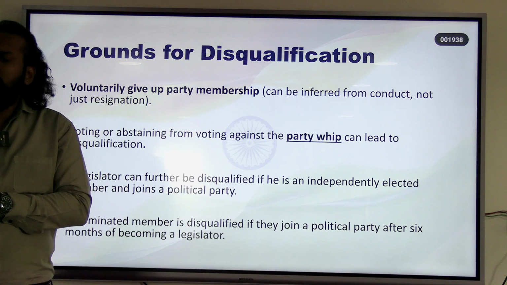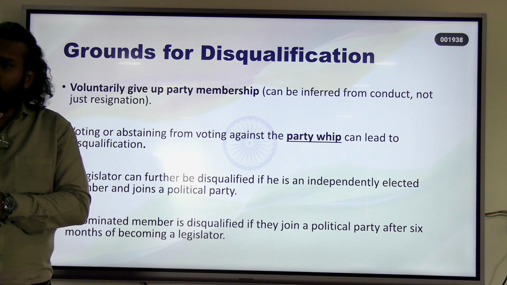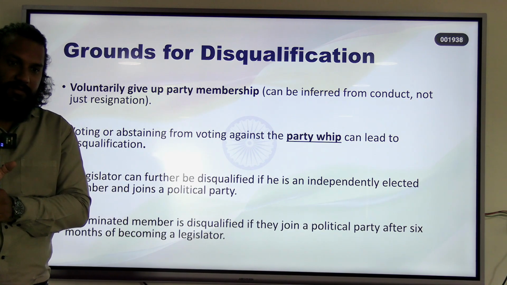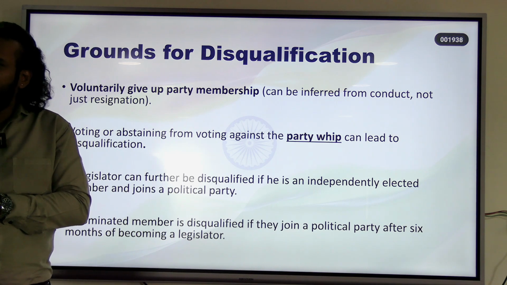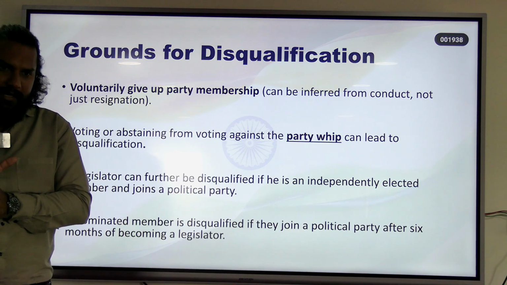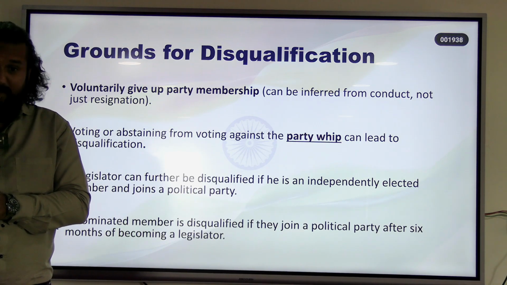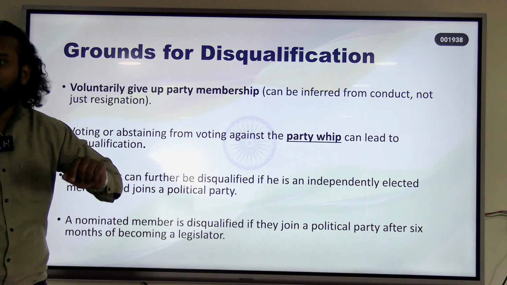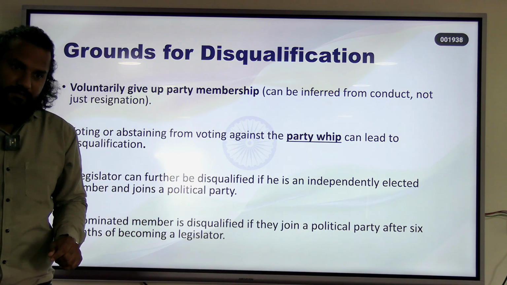For example, if the BJP tells its MPs to vote yes to a bill, that member has to vote yes. Who will check whether the member has followed the instruction? The whip.